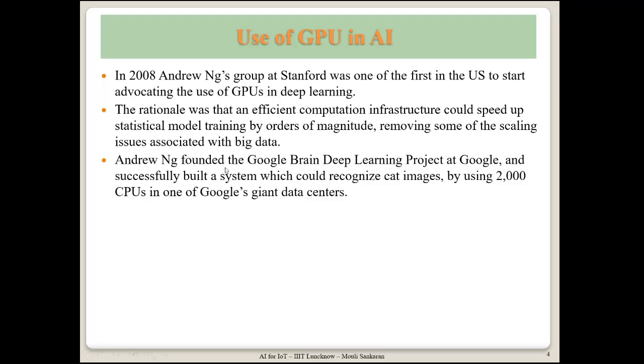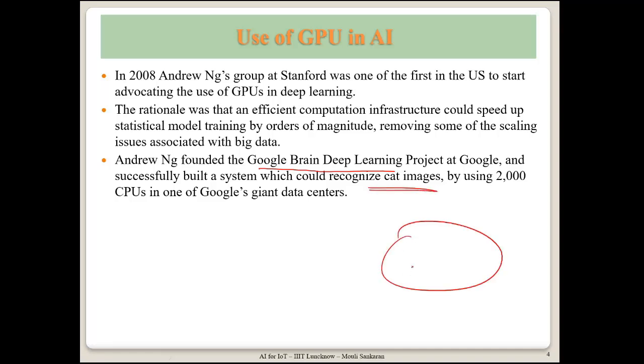So Andrew Ng founded Google Brain Deep Learning, which is where TensorFlow is coming from. This is a group within the company Google. They started off this project, and he founded it, and he did the cat image recognition.